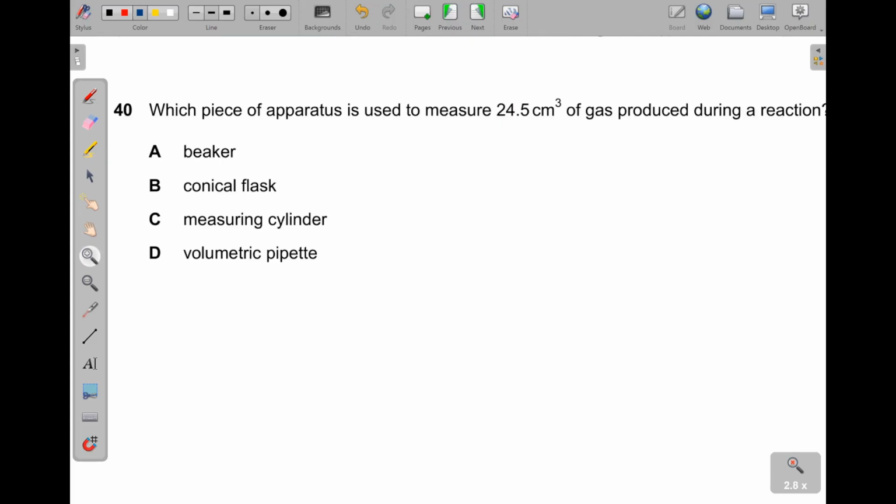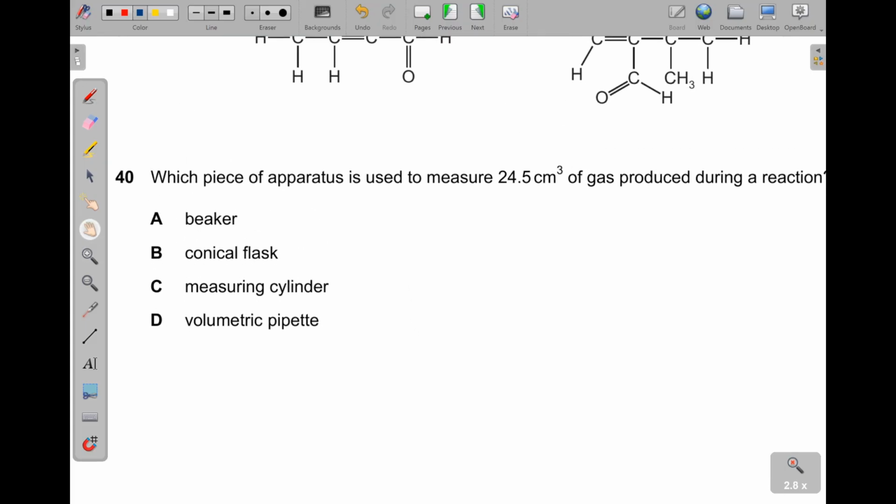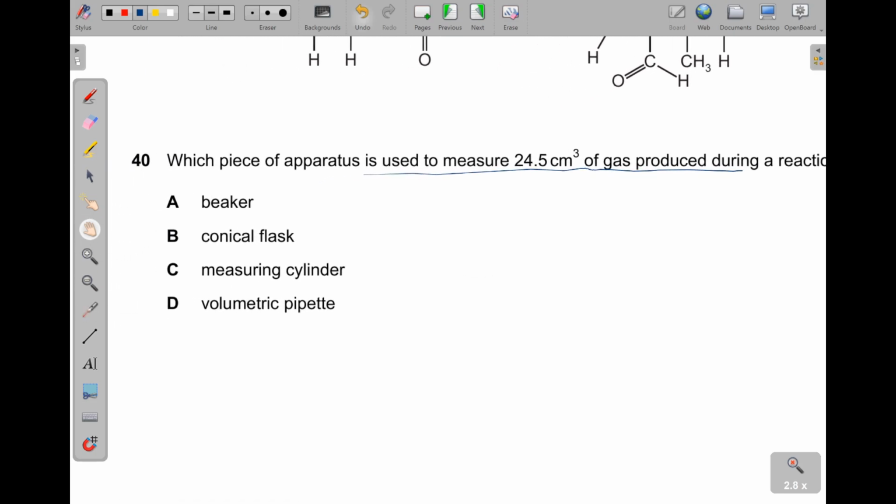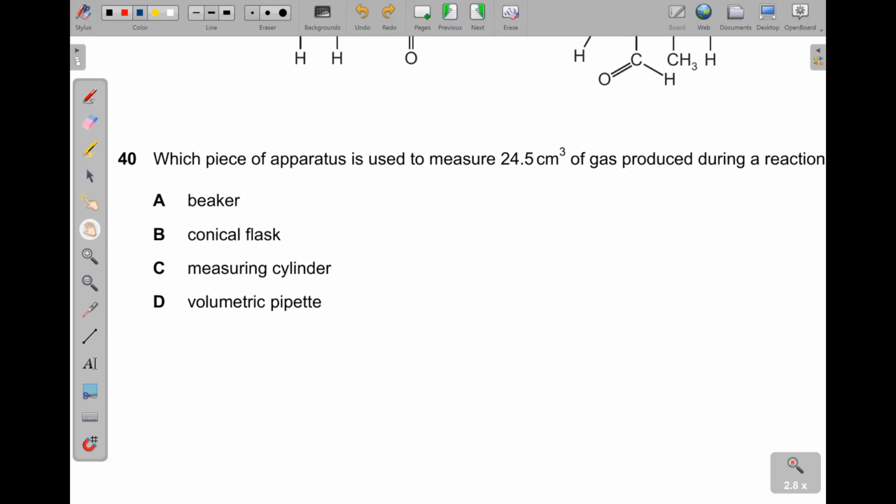Then question 40. Which piece of apparatus is used to measure 24.5 cubic centimeters of gas produced during a reaction? Of course, when we look at the conical flask, this one measures aqueous compounds.